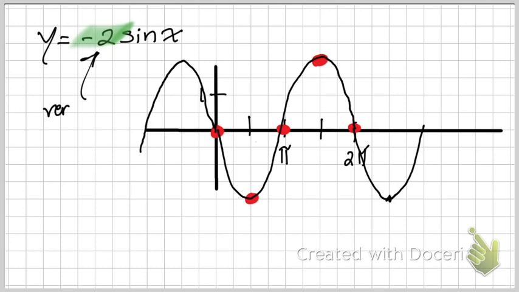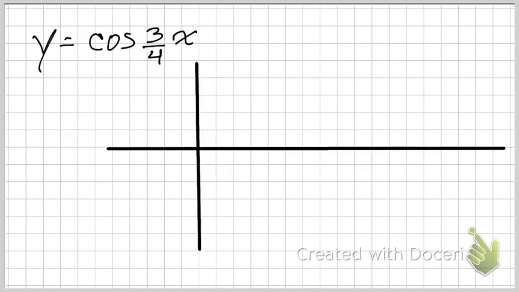That is giving us a vertical stretch. The 3/4 likewise is giving us a horizontal stretch. All right, so it's shifting it horizontally. We don't have to worry about whether we're thinking about it as a stretch or a shrink or whatever, because here's what we're going to do with this.